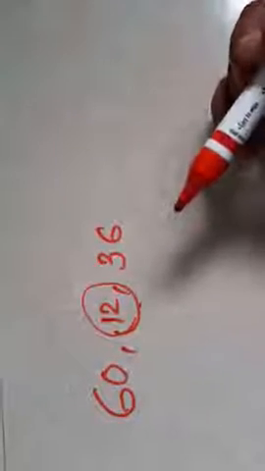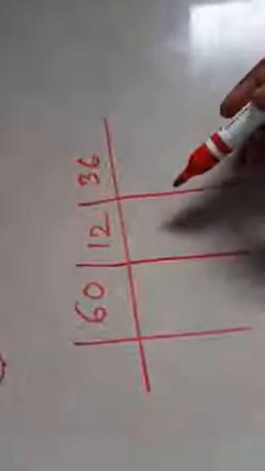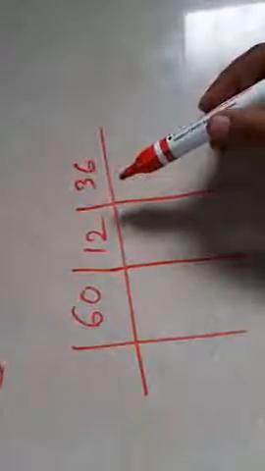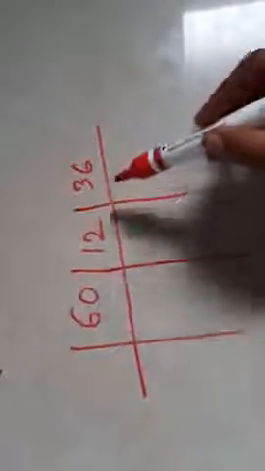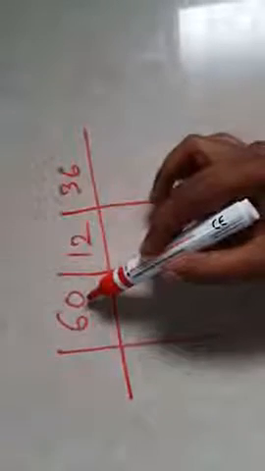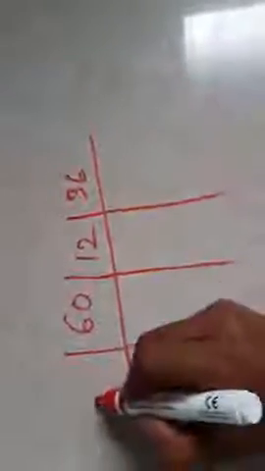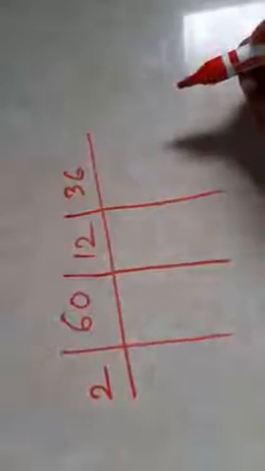To cross check, we can see with the help of our prime factor method. We will check whether the HCF of these three numbers is 12 or not. Here 0 is present at the unit place, 2 is present at the unit place and 6 is present at the unit place, so the common number for all we can write as 2.